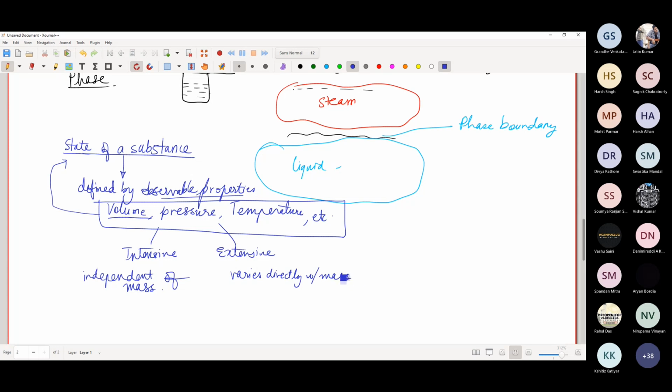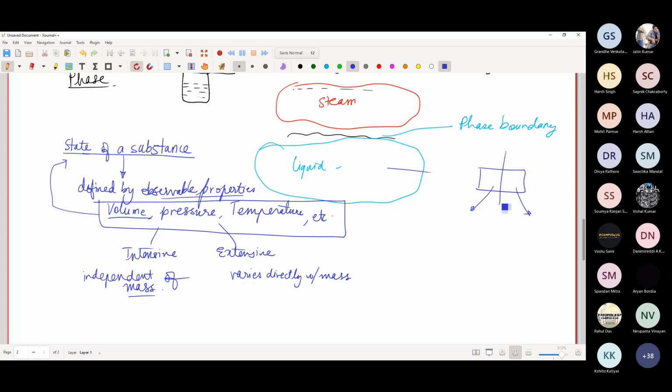Right? So if a quantity of matter at a given state, say you are in liquid, at some temperature, some pressure, some density, and you take a chunk of it and divide it in two, each of them will have the same intensive property, because the intensive property is independent of the mass.